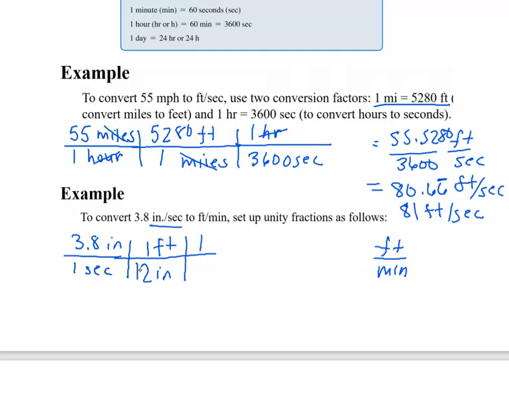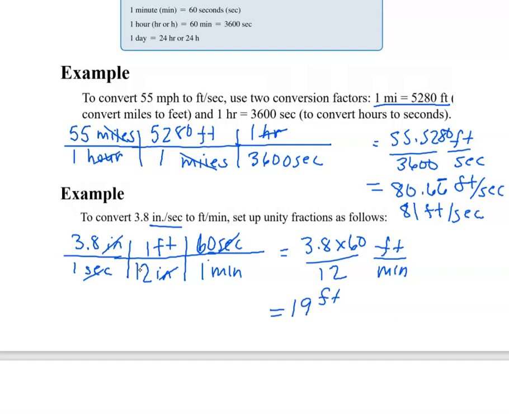So we know there are 60 seconds in 1 minute. So seconds are going to cancel out, inches are going to cancel out, and we're left with our feet per minute. So we would do 3.8 times 60 over 12. Which is going to get us 19 feet per minute.